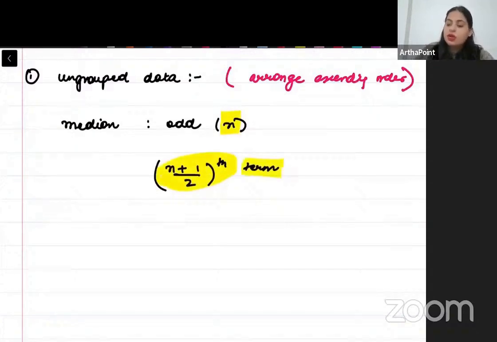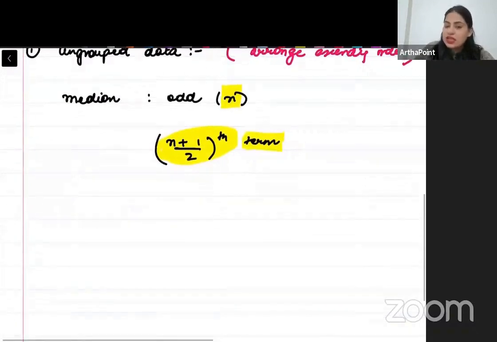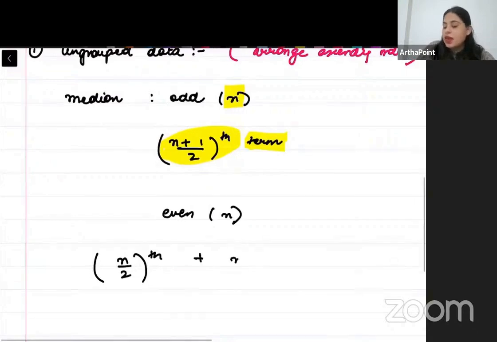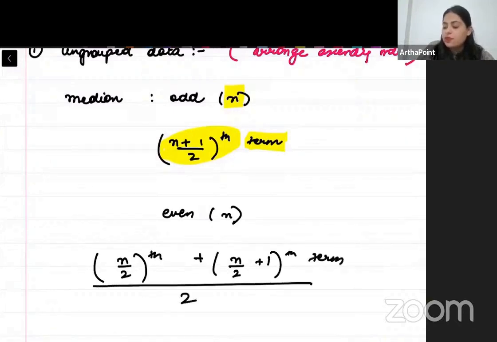And beta, if you have n as even, then it will be n by 2th term plus n by 2 plus 1th term, divided by 2. So depending on whether you have even or odd, these are the 2 formulas that you will have.